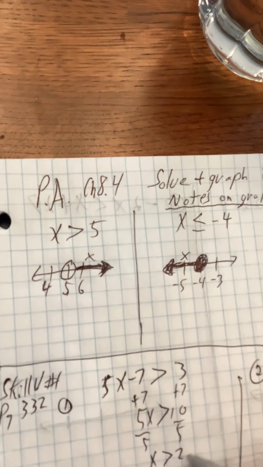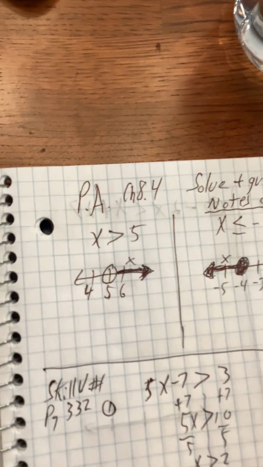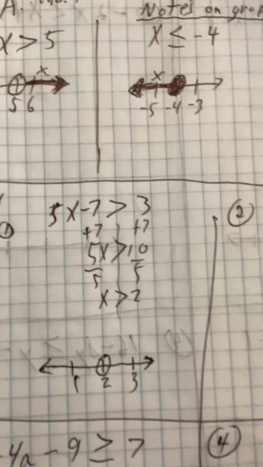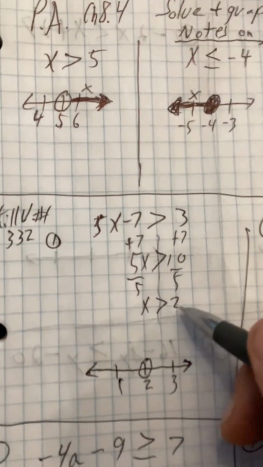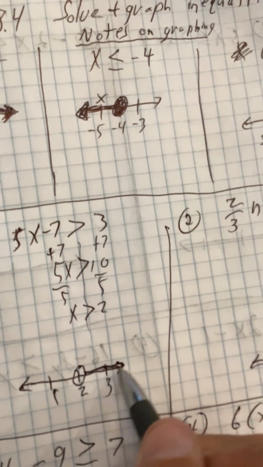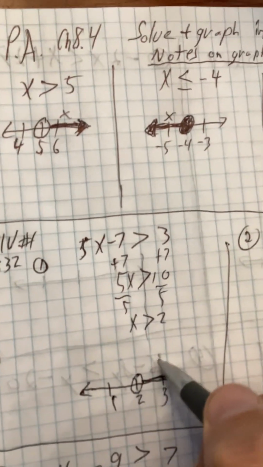X is greater than 2. I guess if you want to lightly draw the line, you could do that. So I'm going to go 1, 2, 3. And there's my open circle. Do I fill the circle in? No, because it doesn't equal 2, so I leave it open. And I'm shading this way, and it's greater, so I shade in that arrow to show that it keeps going. And here's my X.